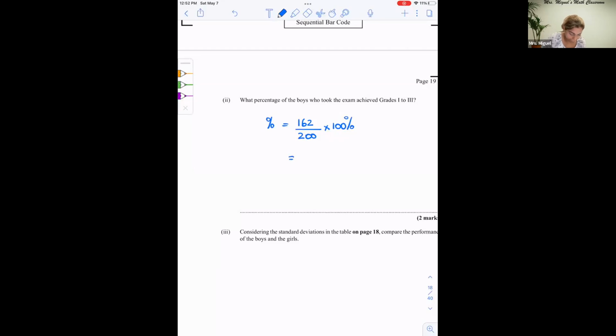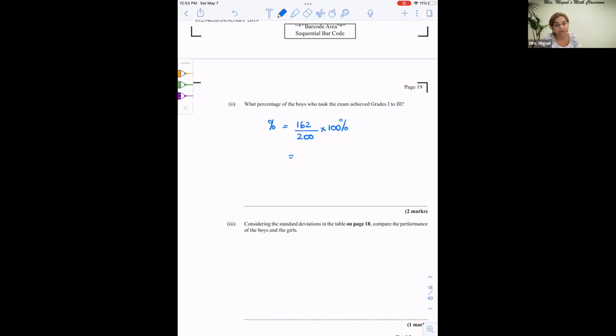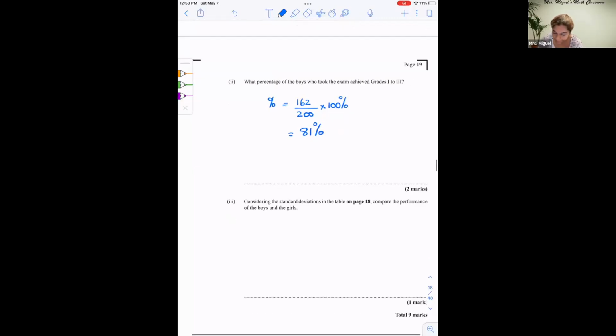So work that out for me. 162 divided by 200 multiplied by 100%. What is the answer? 81.